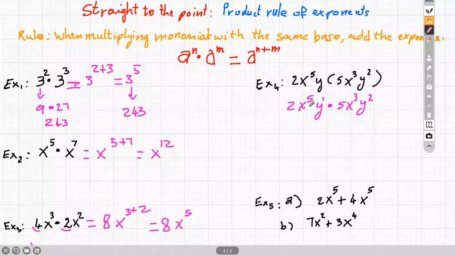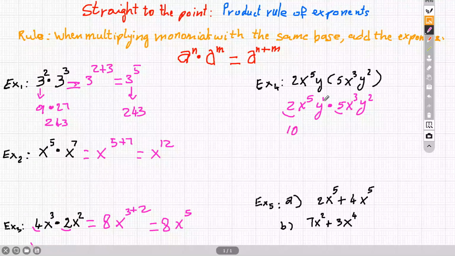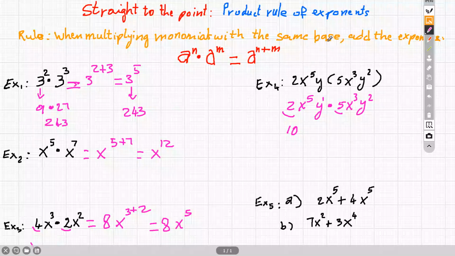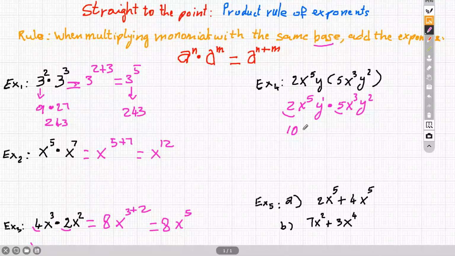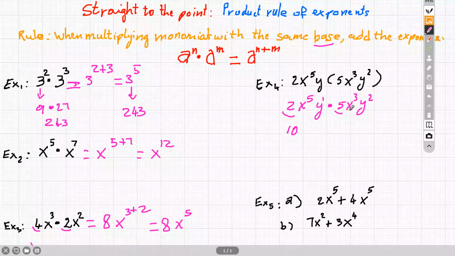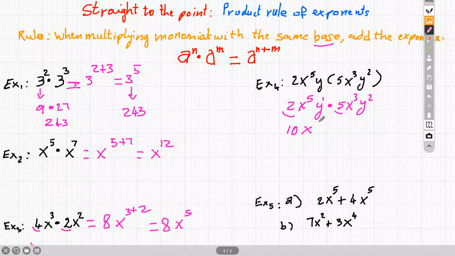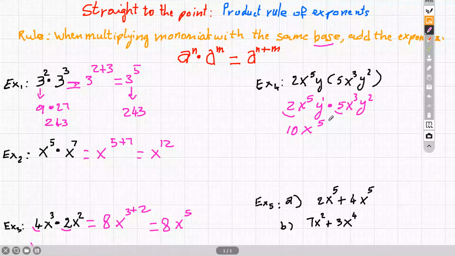As always, let's start with dealing with the numbers first. So 2 times 5, that's 10. Now we can only deal with the variables that have the same base, right? So x to the 5th power times x cubed would be x to the 5th power plus 3.